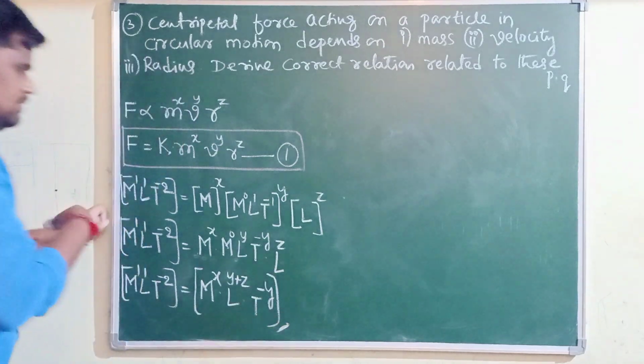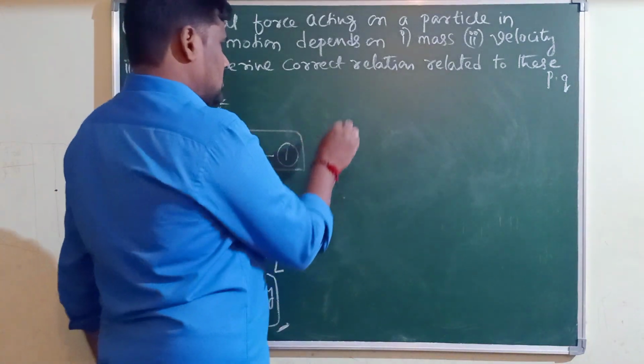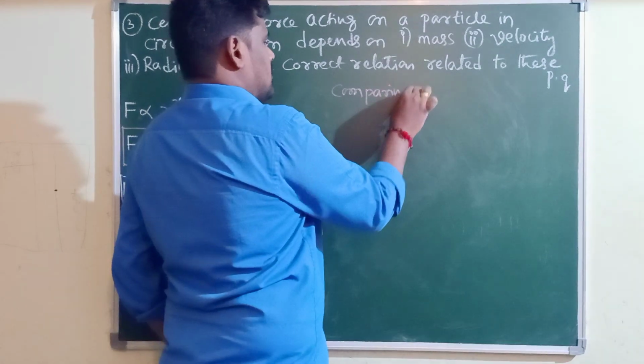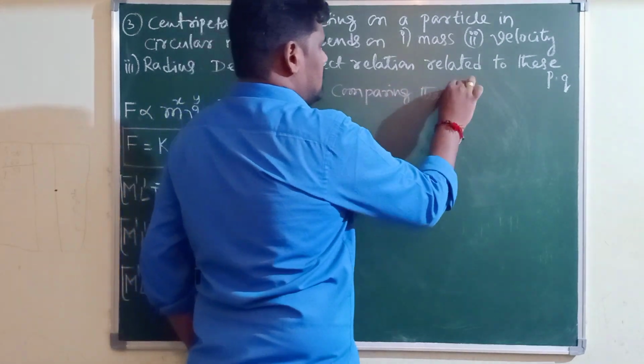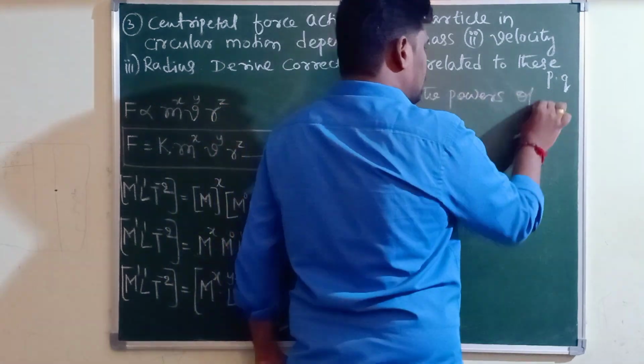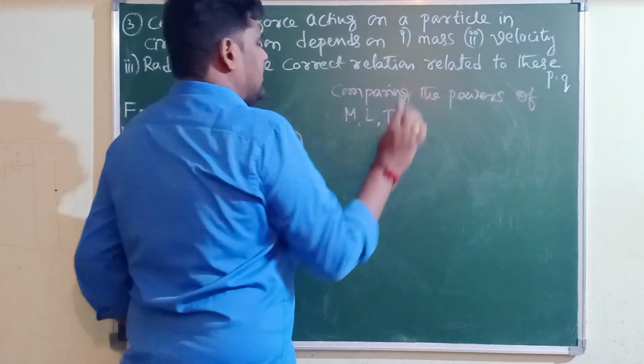Okay. Now compare the powers of MLT on both sides of the equation. Comparing the powers of what? Mass, length and time.